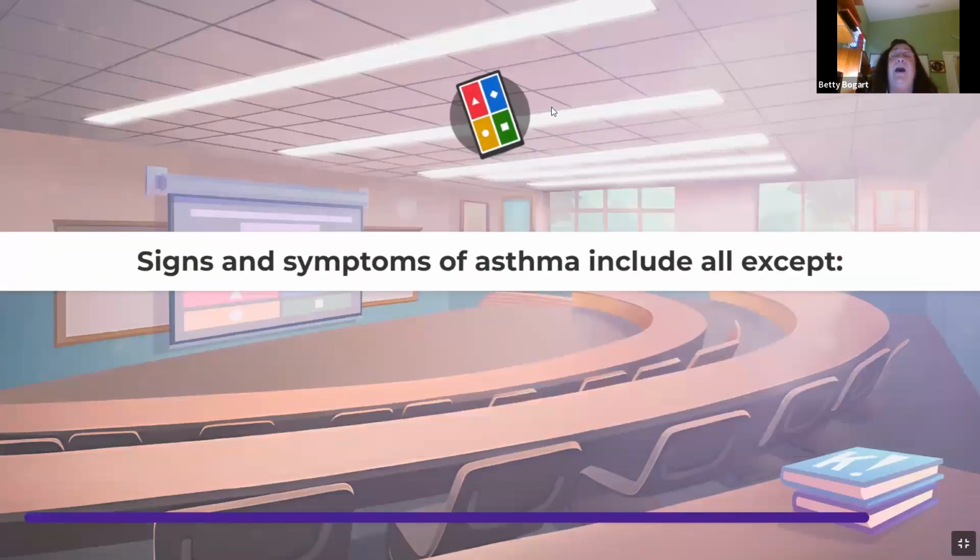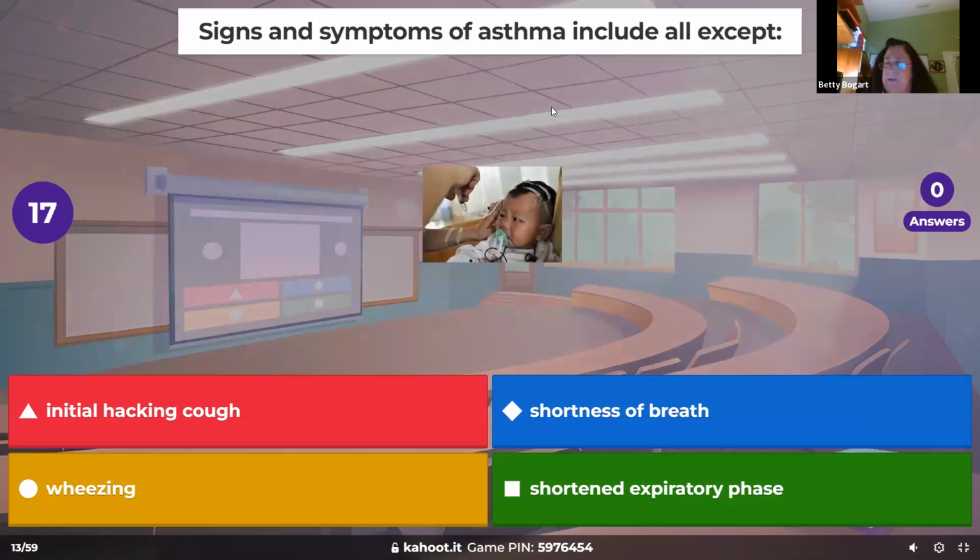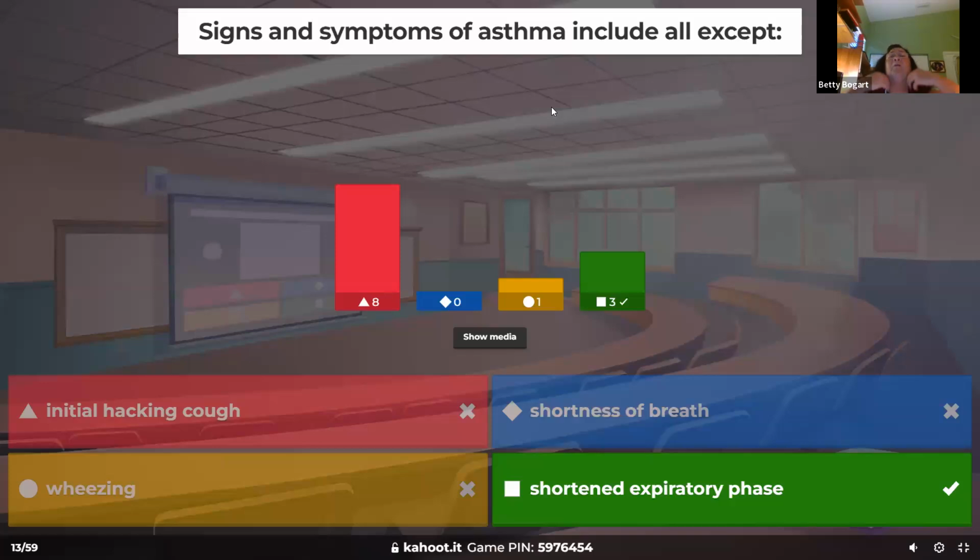Signs and symptoms of asthma include all except. Asthma and croup are different. Asthma is the inflammation of the bronchi and in the lungs, and they all swell up, and air gets trapped inside. So you see profound expiratory wheezing, trying to get that air out, but you can get it in. You'll start with like an allergic response, cough, cough, cough, right?